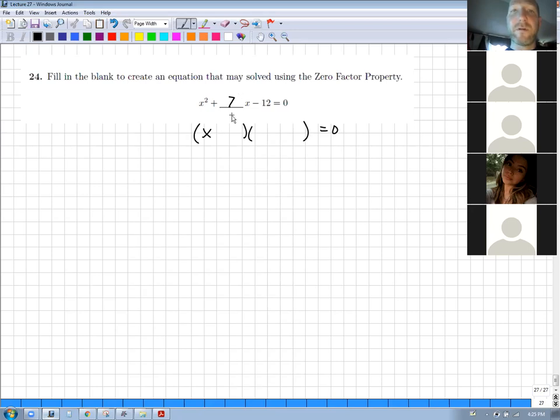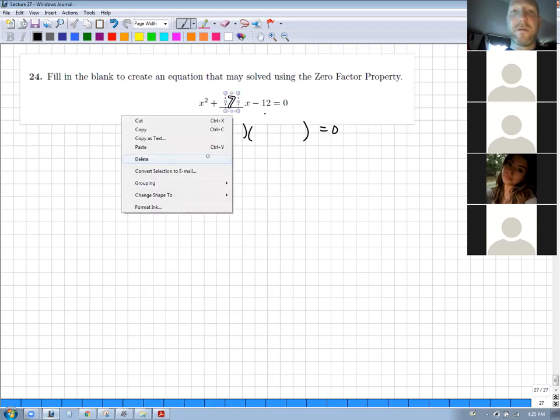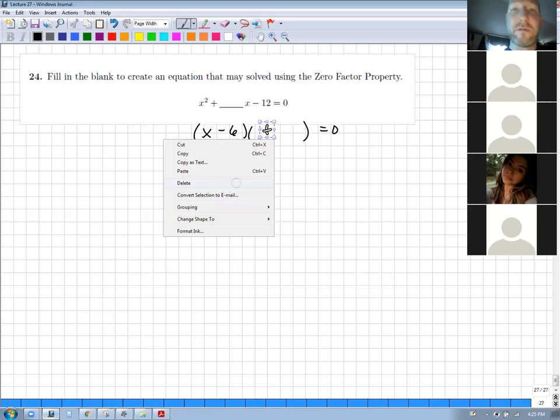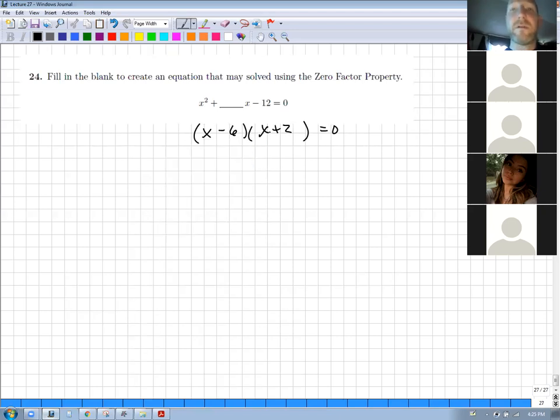No, that wouldn't work. Let's see, for -12, two numbers multiply to give me -12. Let's do -6 and +2. All right, then -6x plus 2x would be -4x there.